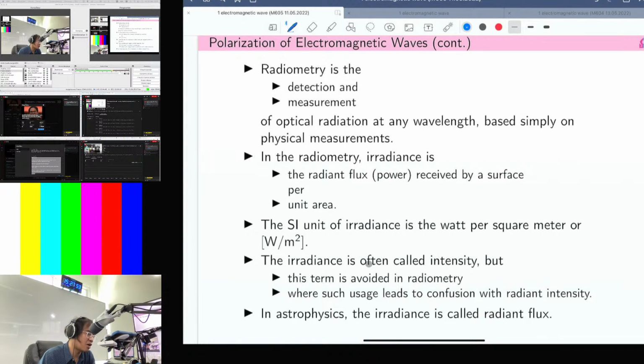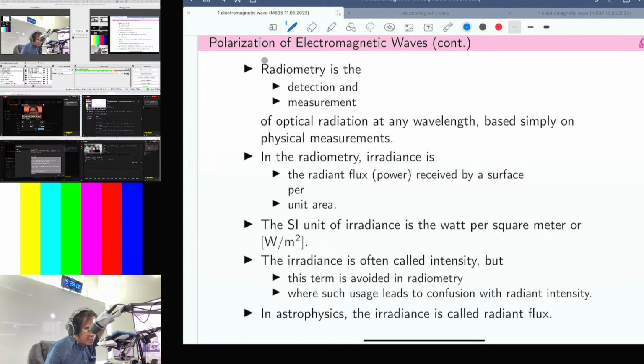Irradiance is often called intensity, but this term is not used in the radiometry society, which is a society in physics, because there is another quantity which is also called intensity in radiometry. That's why they say irradiance, in order to avoid ambiguity with intensity.